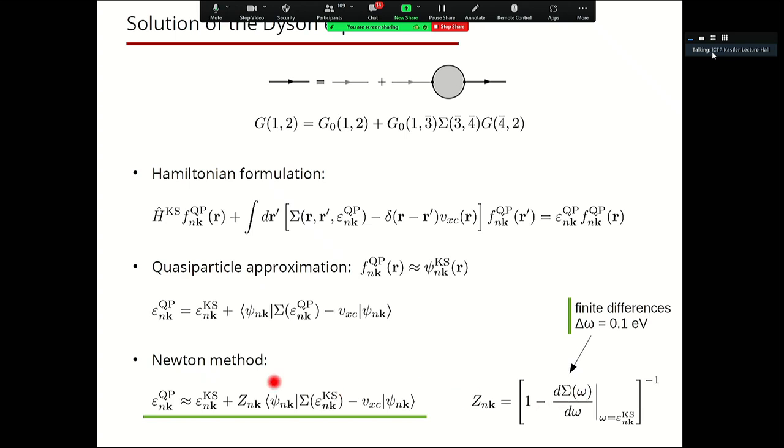This is thus the goal of a G0W0 calculation, which requires computing mainly the self-energy at two different frequencies. One is at the Kohn-Sham eigenvalue, and one is on a slightly shifted frequency in order to compute the first order coefficient of the Taylor expansion, thus these which are called zeta coefficients.